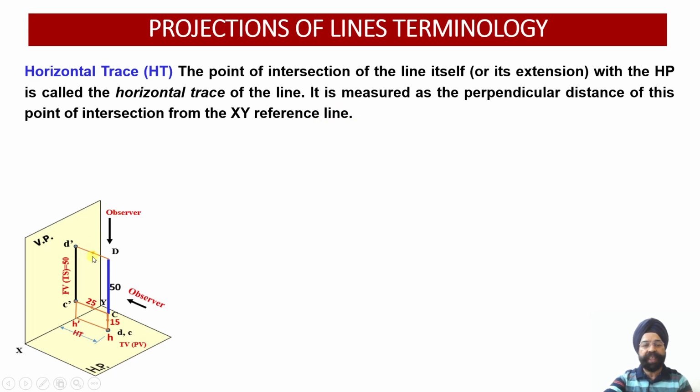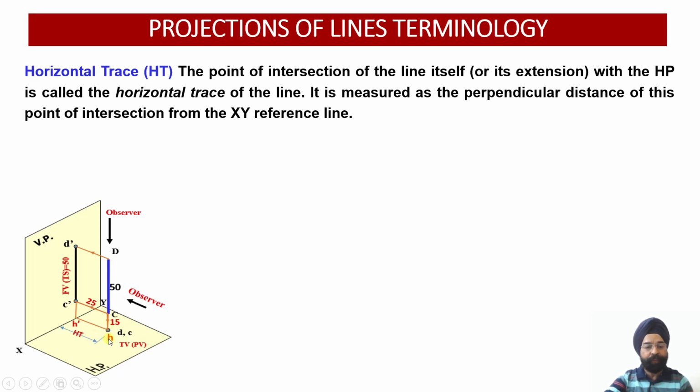Here we have an example where the line happens to be perpendicular to the horizontal plane. Similarly, the line could have been inclined to the horizontal plane, and it would have intersected with the horizontal plane. In this case, since the line is perpendicular to the horizontal plane, it is not directly intersecting with it. So we have to extend this line till it meets the horizontal plane.